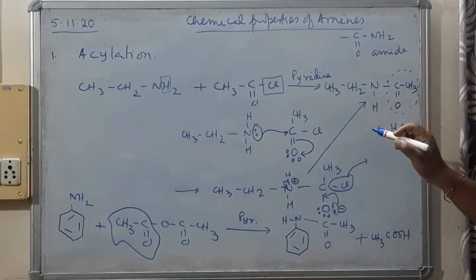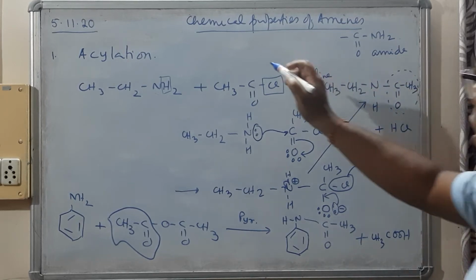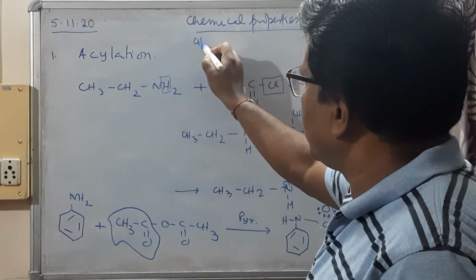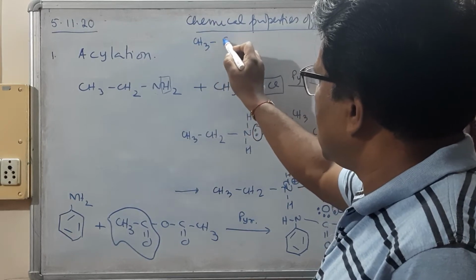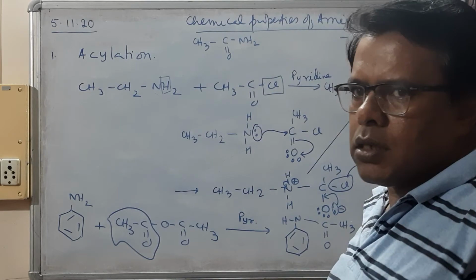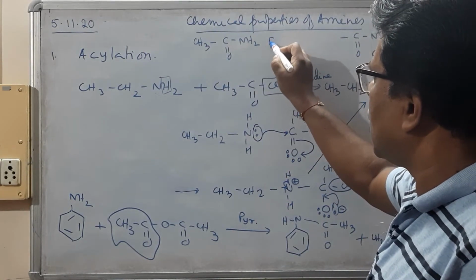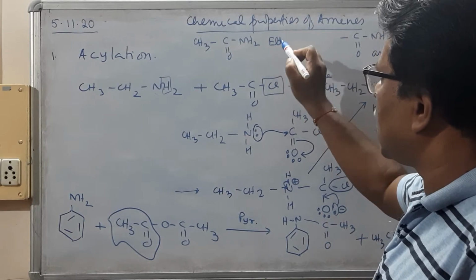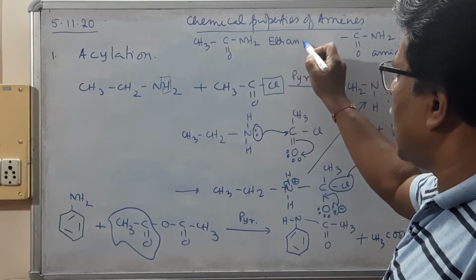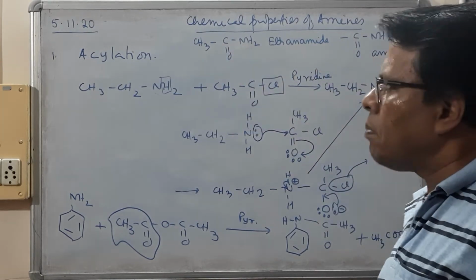How is it named? Before that, let me tell you how this compound is named. CH3 C double bond O NH2. This is amide, 2 carbon atoms, so its name will be ethanamide. The name of this compound is ethanamide.